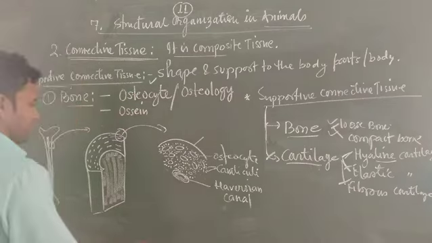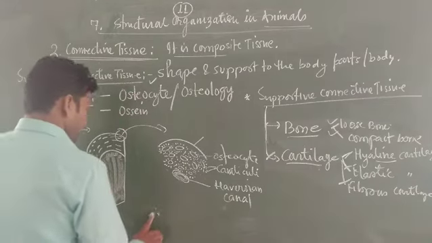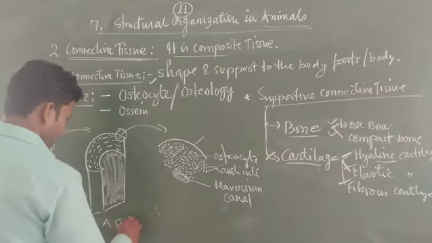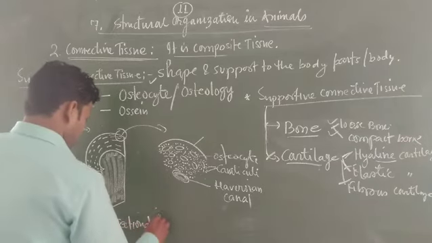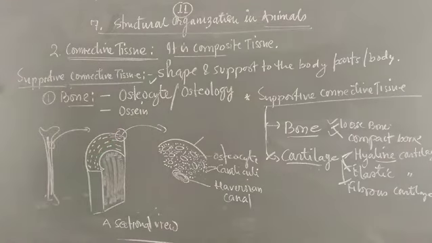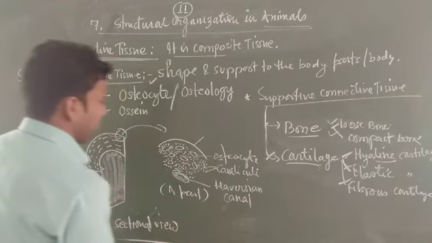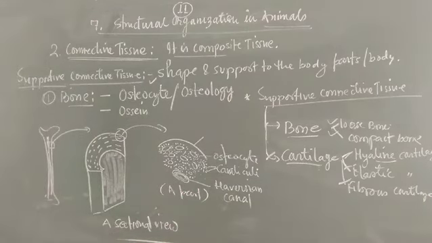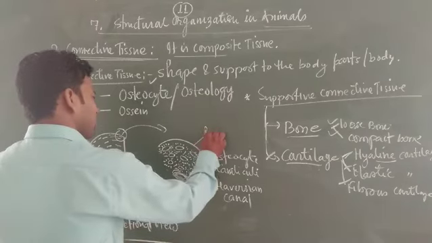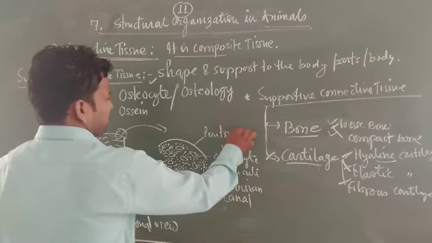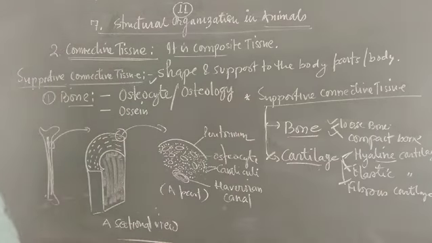So this one is a sectional view, here the cellular part, the bone cell, and this is the outer layer, the periosteum.